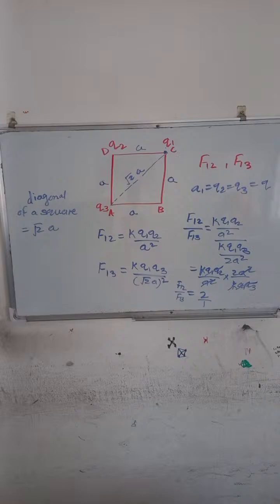First option, X-rays; B, gamma rays; C, neutrons; D, alpha particles. I'll repeat this question. Which of the following is deflected by electric field? X-rays, gamma rays, neutrons and alpha particles.